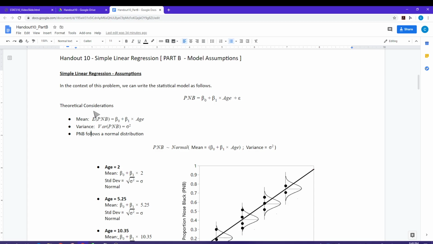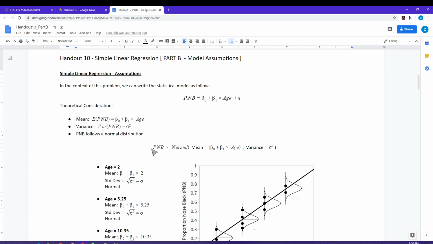That is true. But in practice, what we really need is just that distribution to be fairly symmetric. We do not want to be doing regression analyses on distributions that are skewed or on distributions that have extreme outliers. But technically, the theory says that the distribution should be normal.